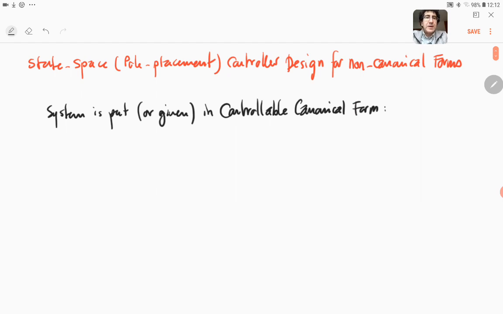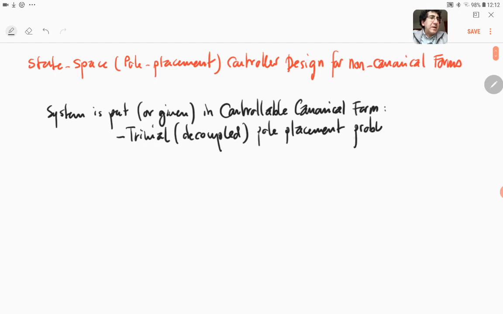what we have is a trivial, and what I mean by trivial is a decoupled pole placement problem, meaning that essentially each gain variable is determined by an independent equation, so that you don't need to solve a set of coupled equations. But the system may or may not be observable.